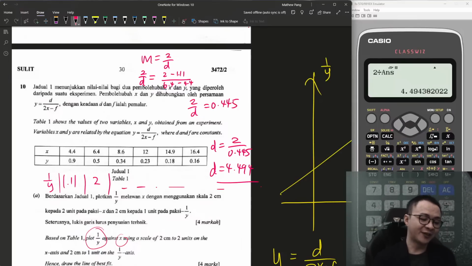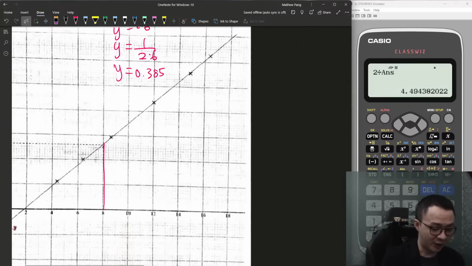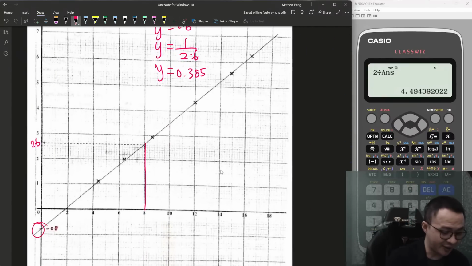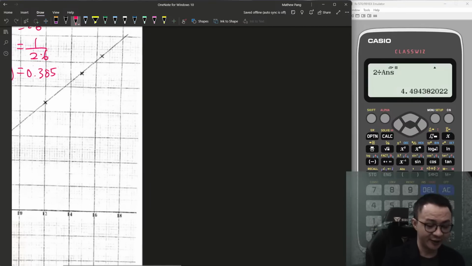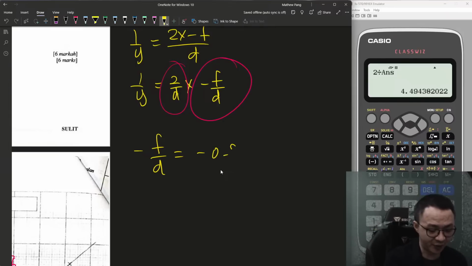Okay, so after I got the d already, then I finally can find the f. I will use my y-intercept. My y-intercept here from reading is negative 0.8, right? So here I'm going to say negative f over d equals negative 0.8, and the negatives cancel out.